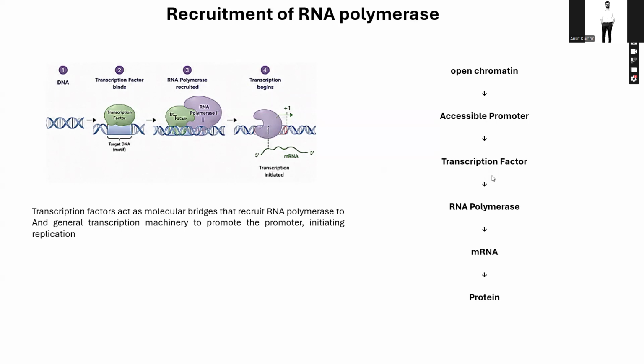Then this transcription factor recruits RNA polymerase, and this RNA polymerase transcribes the gene into mRNA, and then translation happens, and the mRNA is converted into protein. We'll teach you these things in a later lecture, but here we have to understand only up to mRNA.